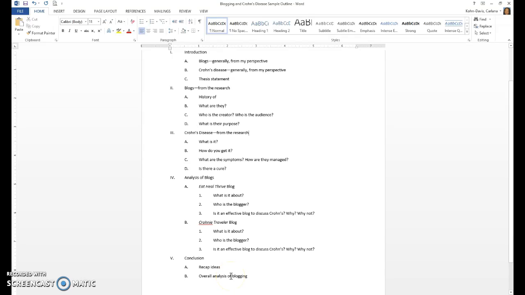There's your 5 pages for this assignment, your research paper. So if it seems like a daunting task, if you can conceptualize a way to tackle this assignment in parts, it makes it a lot easier than to just say, I need to write 5 pages on this topic. If you break it up, it makes it a lot easier to do.